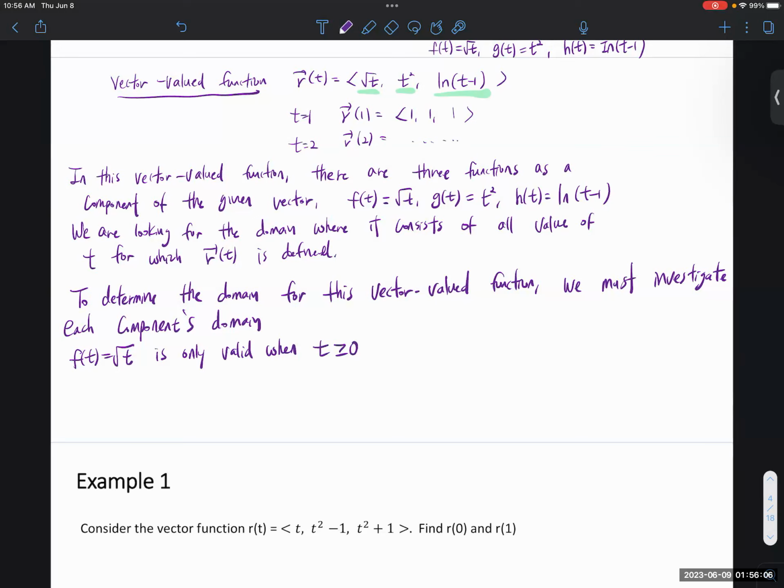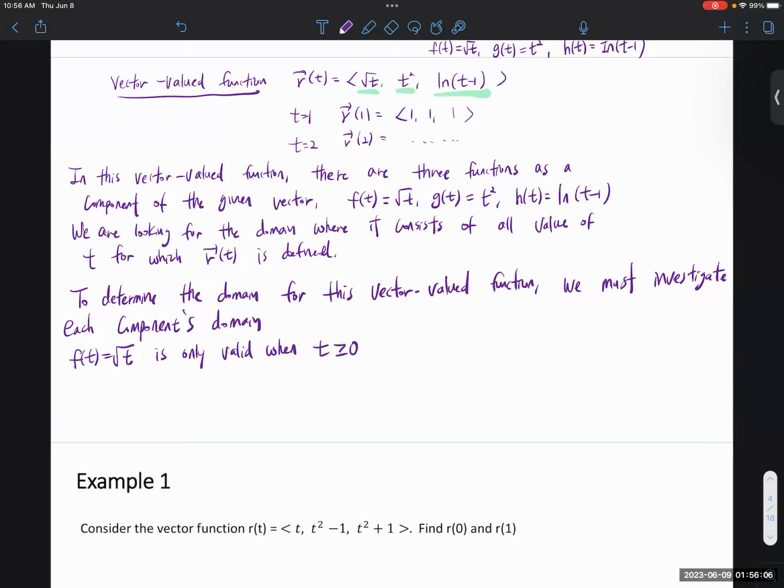Here we go. So here, we have a vector value function. I'm going to copy this same sentence, copy this all vector. As you see, this is also a vector value function because each component has a function form, correct?